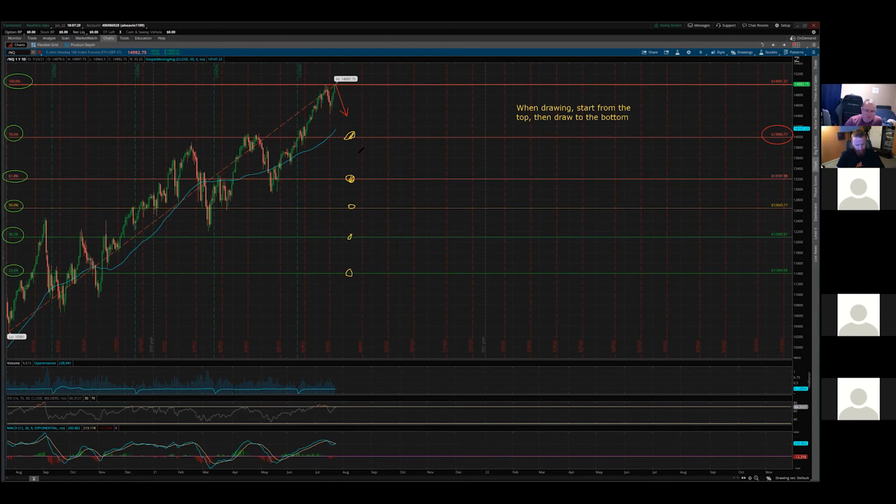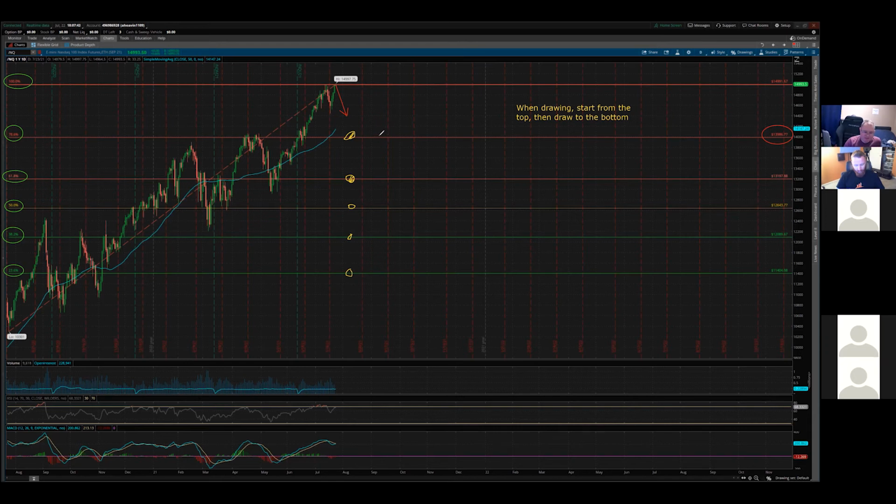What these are doing is showing you some deviations, and I say that lightly, of where this could go before it either tests it like we were talking about before, or it could hit it and then go back upwards, or it could go downwards.